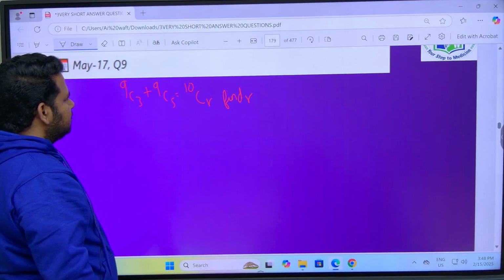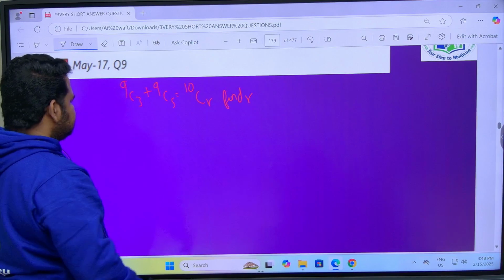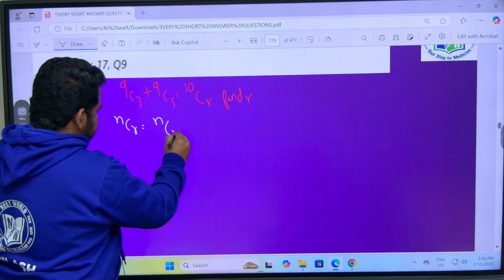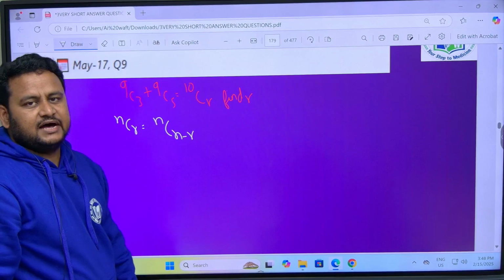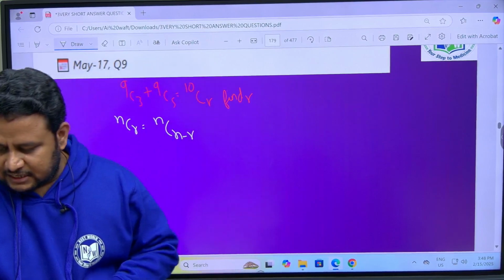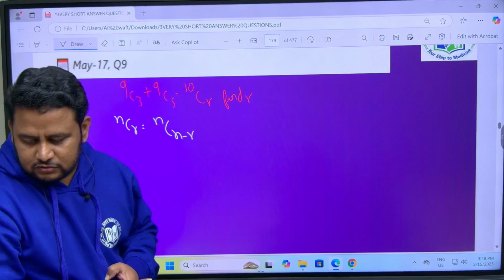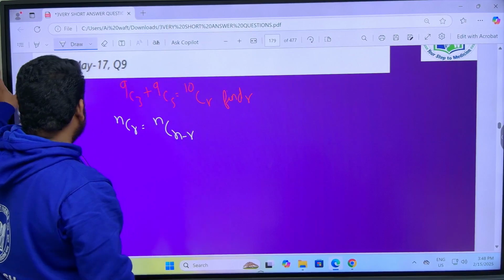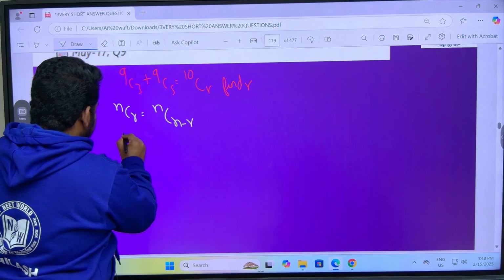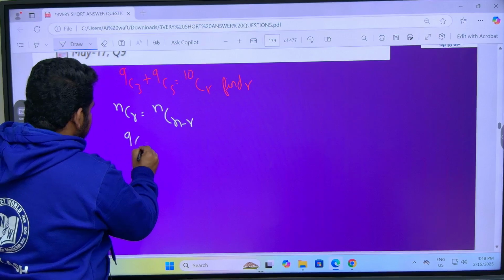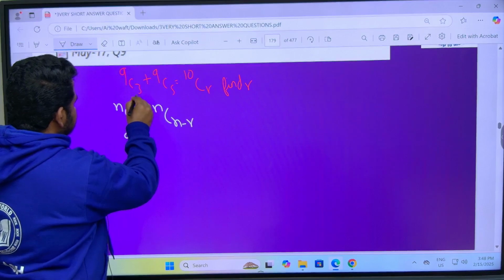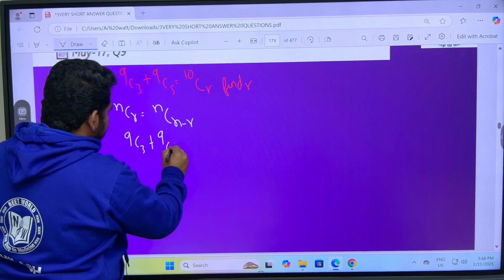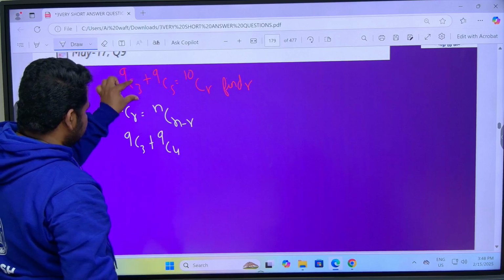So, how can I do this? Friends, we know that nCR is equal to nC(n minus R). So using that property, the LHS will become: 9C3 will remain as it is, and 9C5 will become 9C4, because we already have a small number.